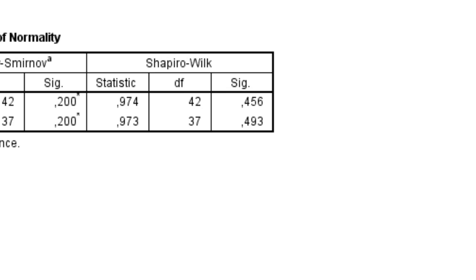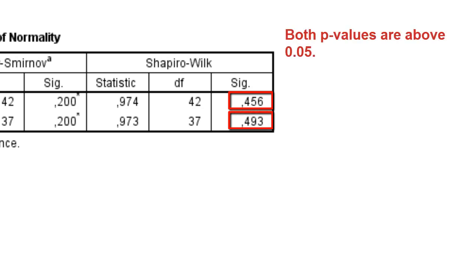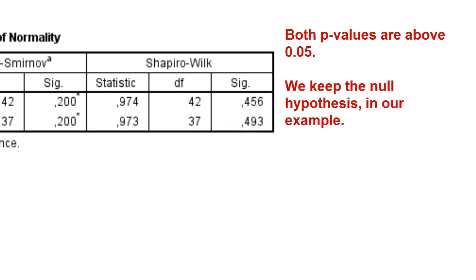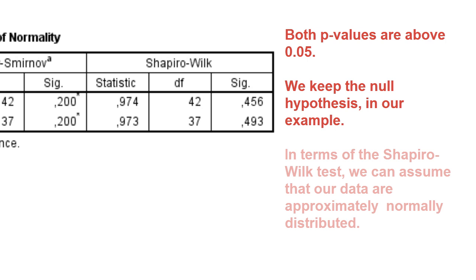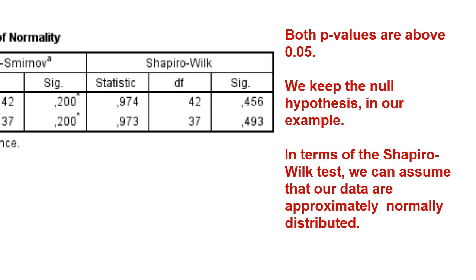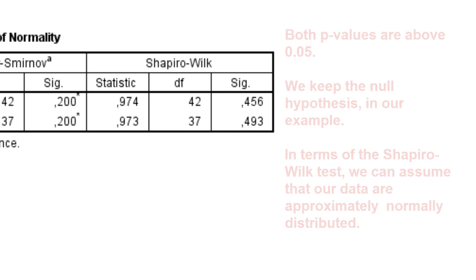In our example, the p-value for males, 0.456, and females, 0.493, are both above 0.05. So we keep the null hypothesis. The Shapiro-Wilk test thus indicates that our example data are approximately normally distributed.